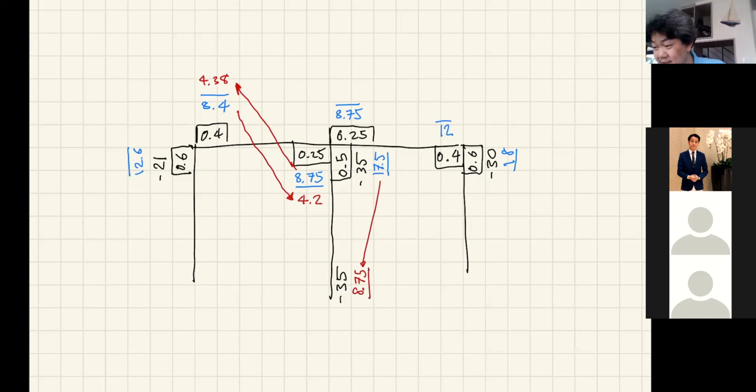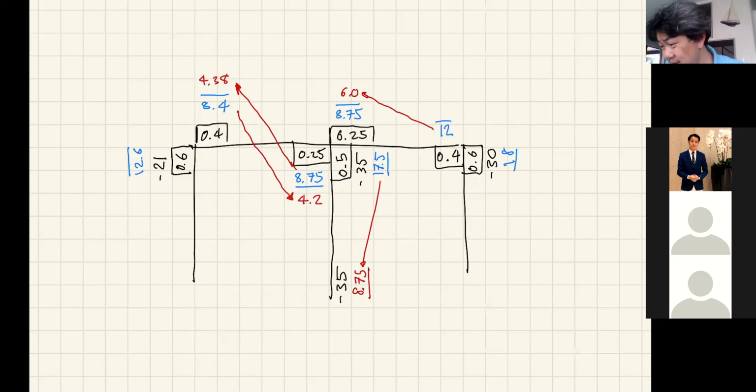That's the end of it, and this one comes in here, 6.0.